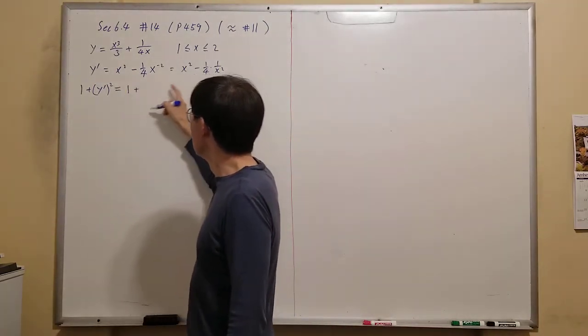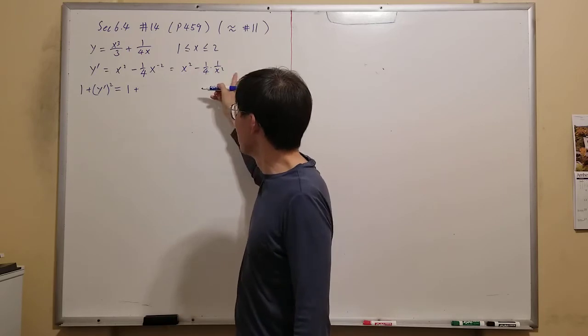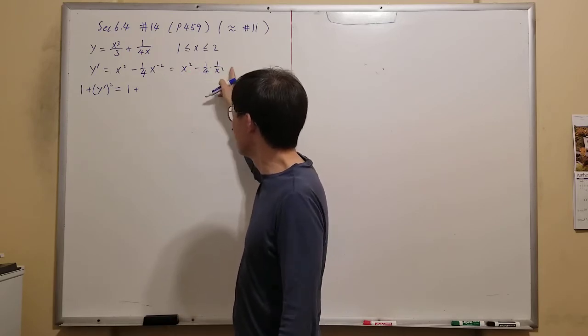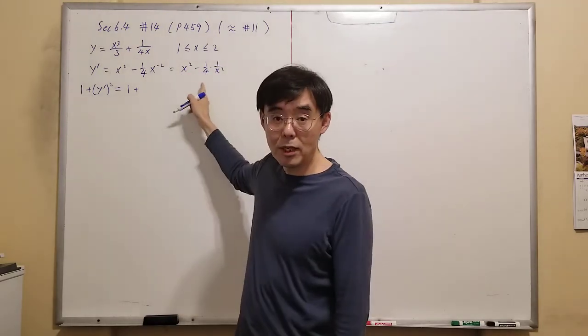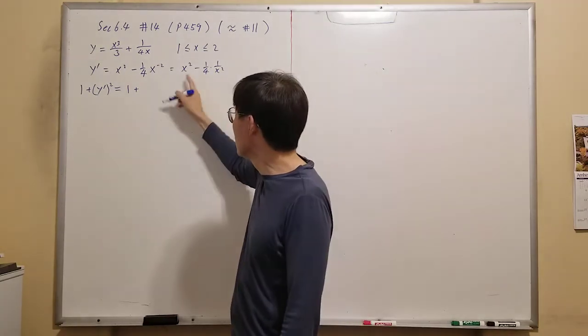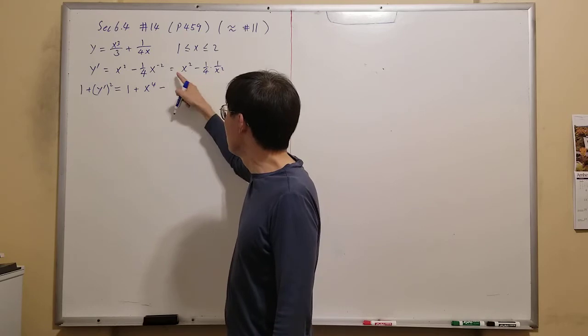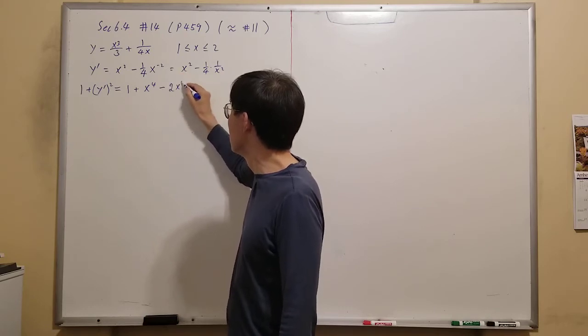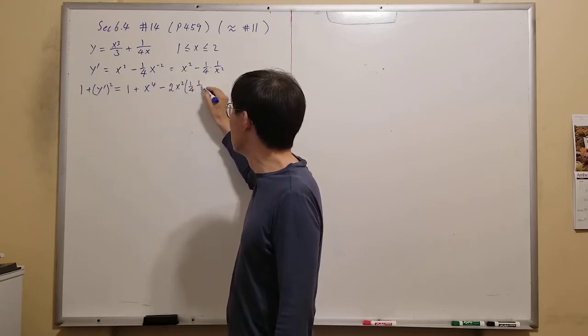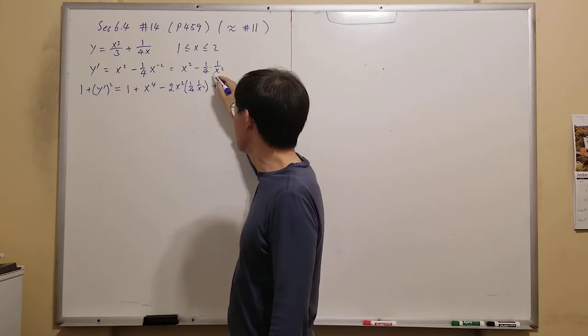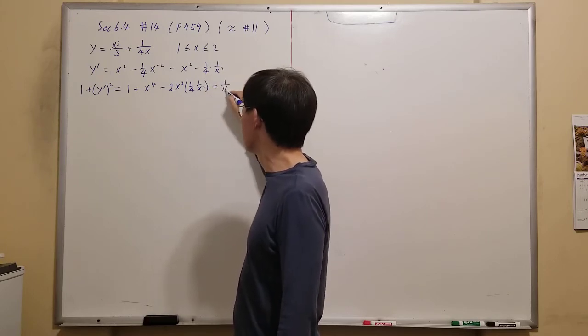So, using the perfect square formula, a minus b squared is a squared minus 2ab plus b squared. a squared would be x to the 4. Minus 2 times this times this. Plus the square of b, 1 over 16x to the 4.